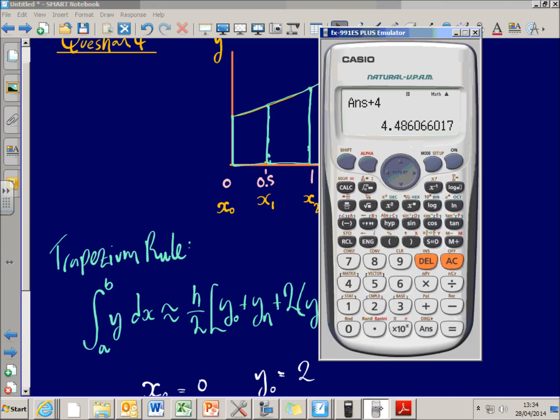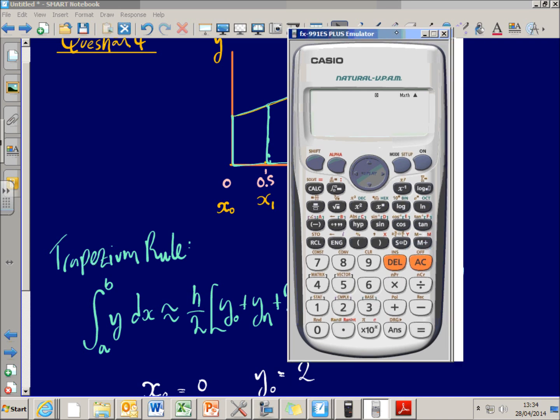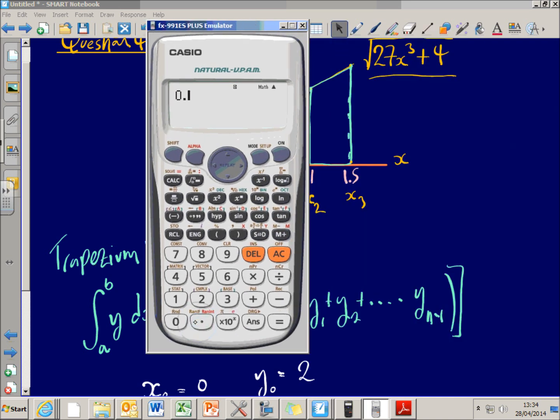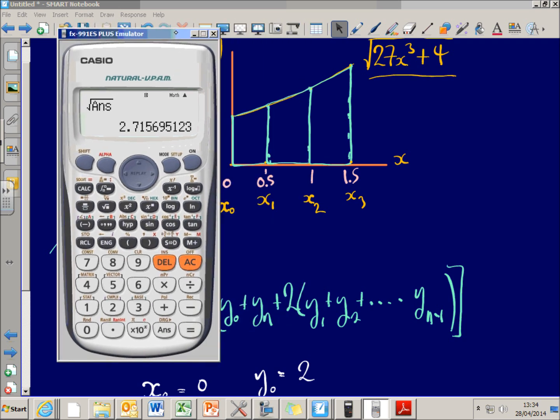When I put 0.5 into there, let's have a look what we get. On the calculator, it's going to be 0.5, and then I'm going to cube it, times it by 27, add 4, and then square root my answer. It gives me 2.715695123. I'm going to write that down.